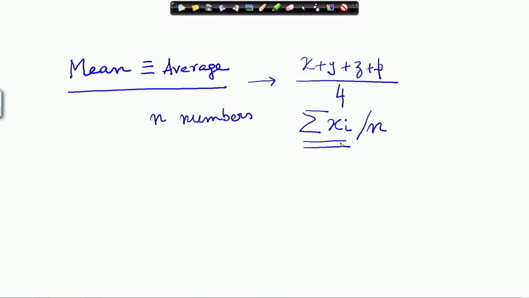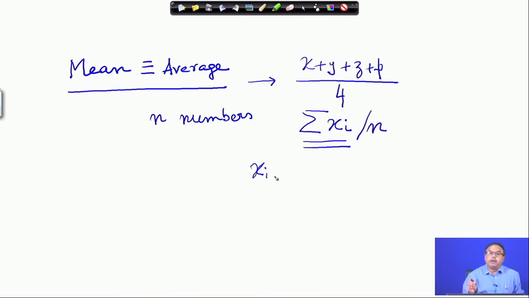This means I am taking, what is x i? x i is each number. So, x 1 is one number, x 2 is another number, x 3 is another number. In that we have up to x n.